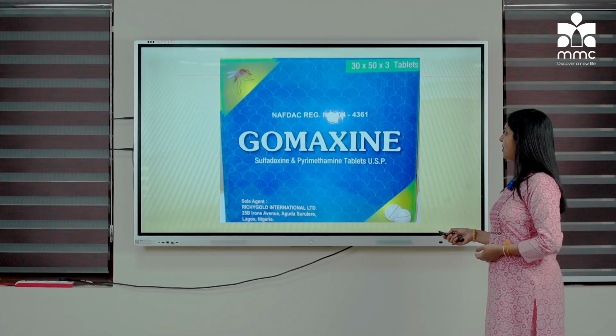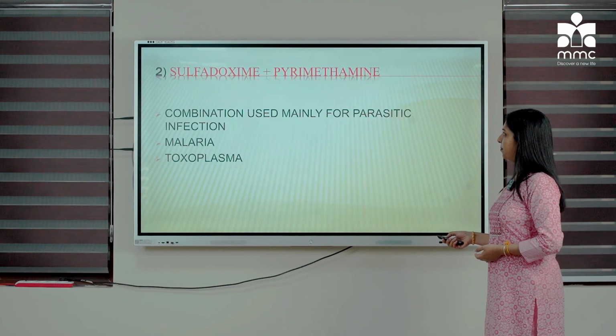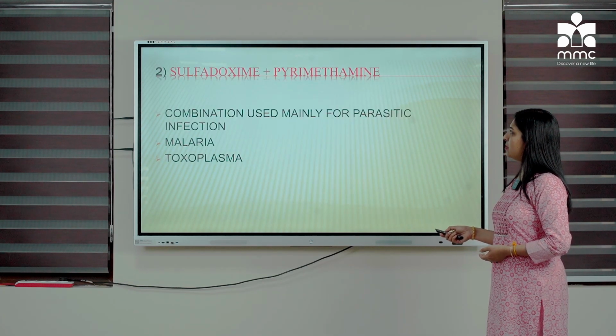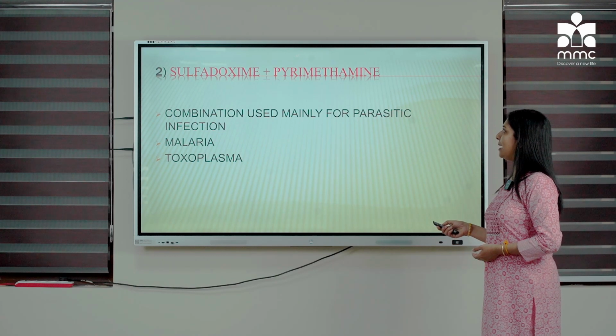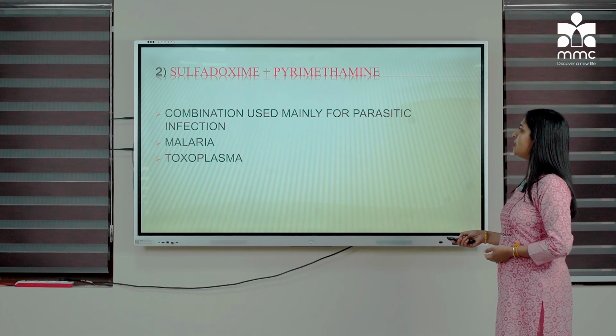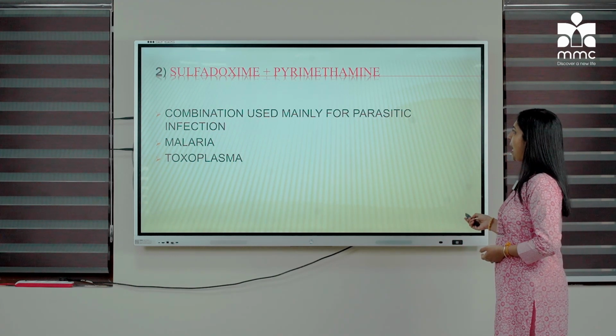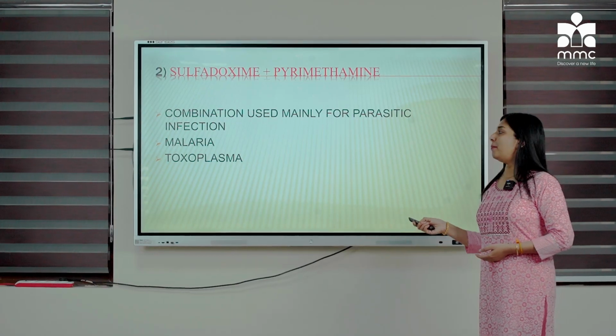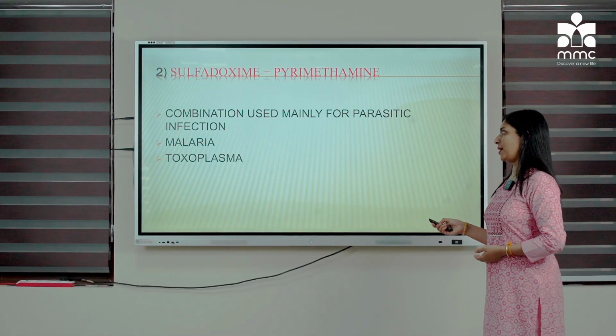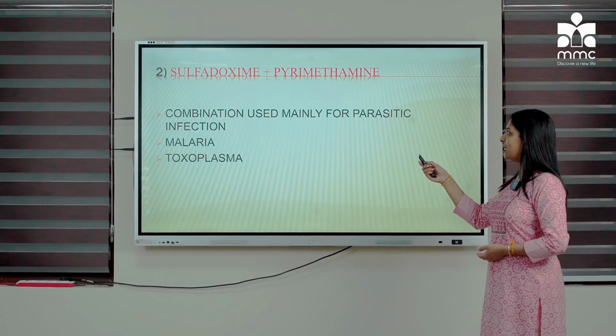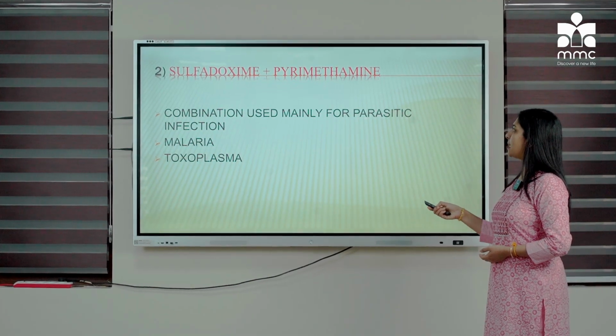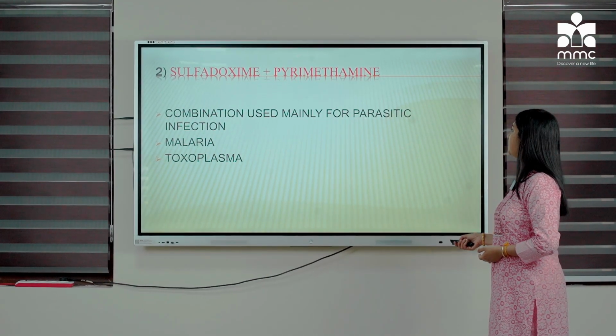These are the brand names. Then sulfadoxine and pyrimethamine: these combinations are usually used for parasitic infections such as malaria and toxoplasma.